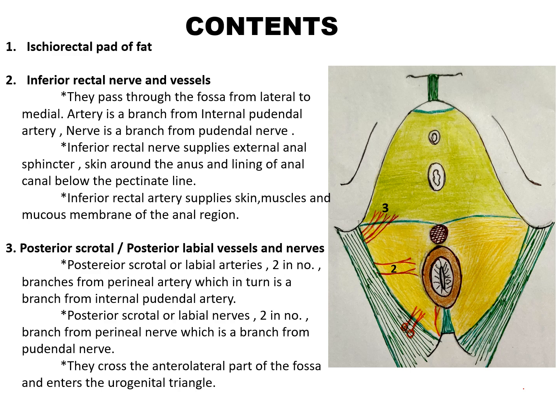They are branches from the perineal nerve, which is a branch from the pudendal nerve. These posterior scrotal or posterior labial vessels cross the anterolateral part of the ischiorectal fossa and enter the urogenital triangle. They are indicated in the picture by the number 3.